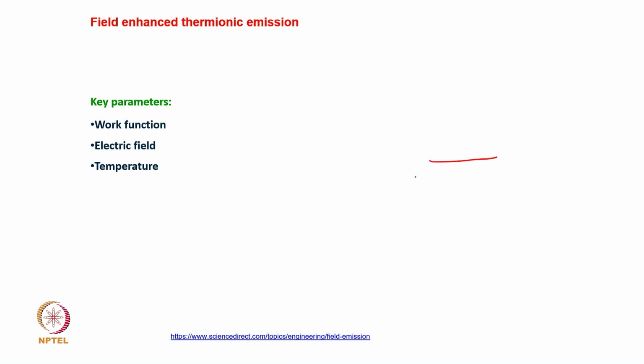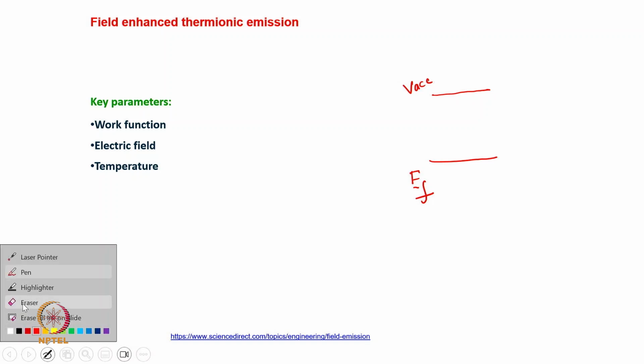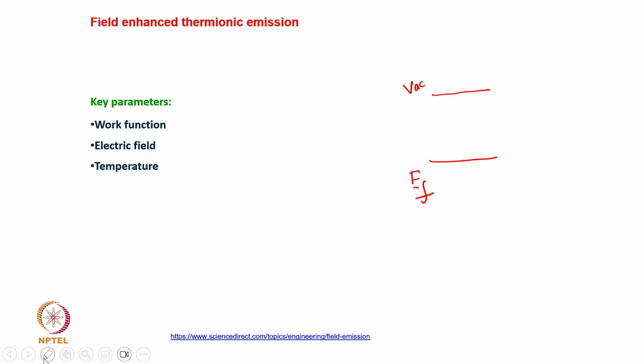Say that this is the material with Fermi level E f, this is the vacuum level, E vacuum, okay, and then this is the work function phi. So, we define the work function of any material in this way.